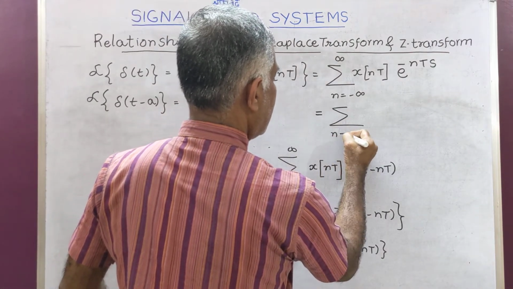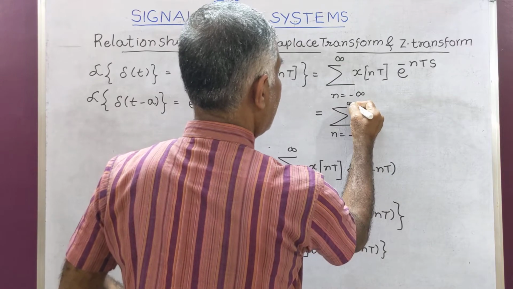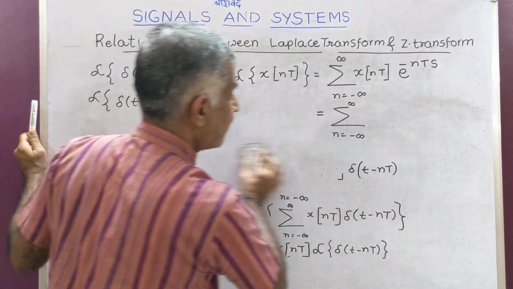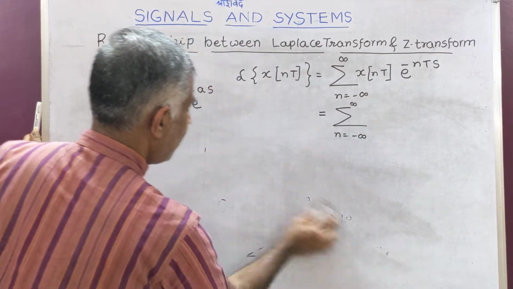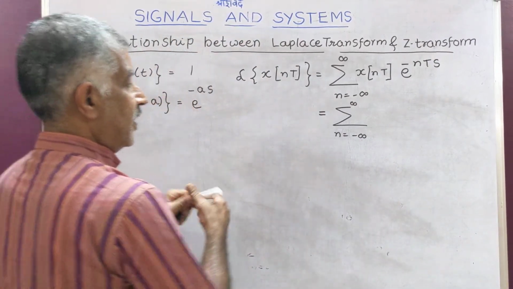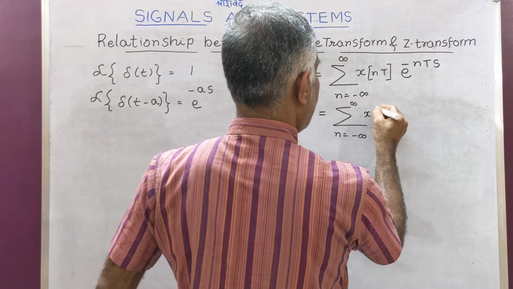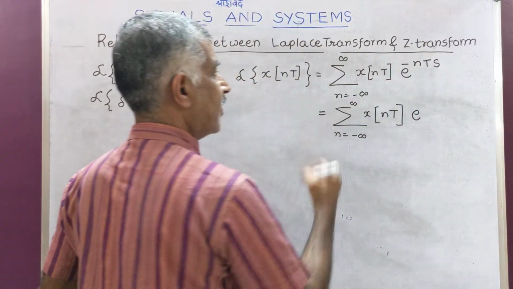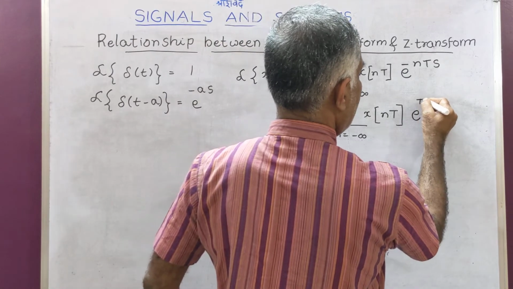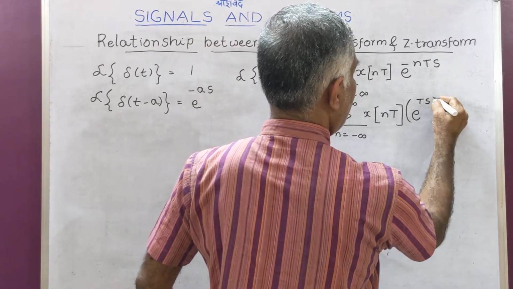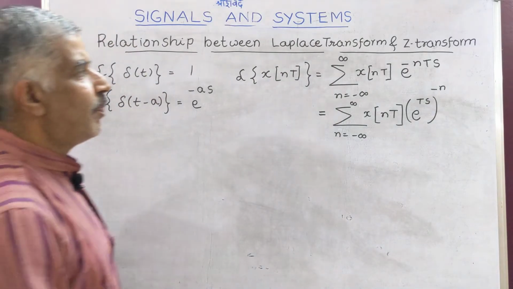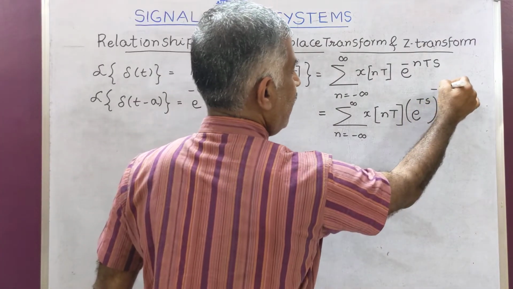summation n equal to minus infinity to plus infinity x of nT into, one can write this as e power sT to the power of minus n.